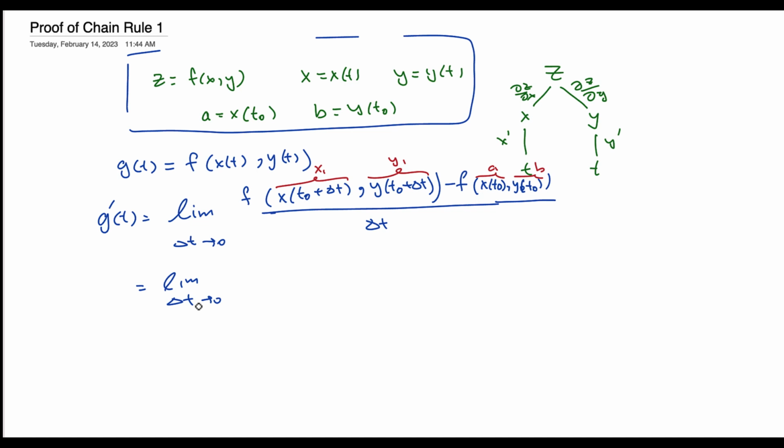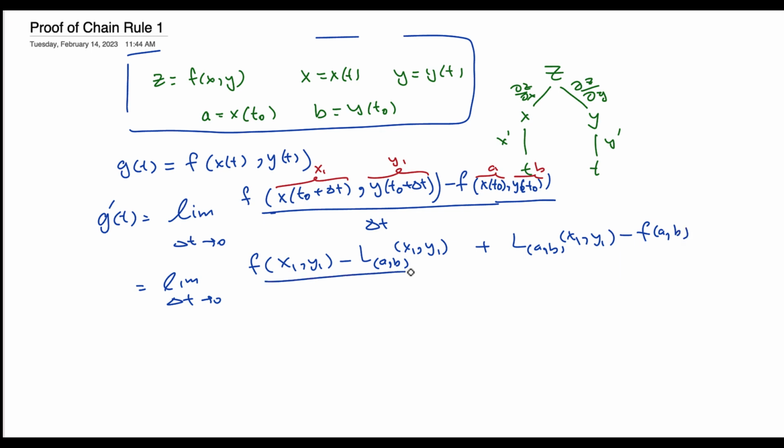So I'm going to add and subtract the linearization. So f of x1 and y1 minus the linearization at a and b of x1 and y1, and then I'm going to add that linearization and then subtract f of a and b. Put delta t on both of them, put the limit on both of them.